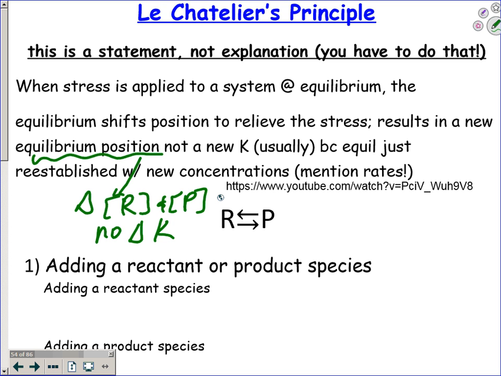There is only one condition that will change K, and that's temperature, which is going to be on the next slide for us. But when we talk about why something is shifting, we want to mention the rate of the forward versus the rate of the reverse reaction. So rate forward versus rate reverse is going to be a common term that you'll be using in your explanations.